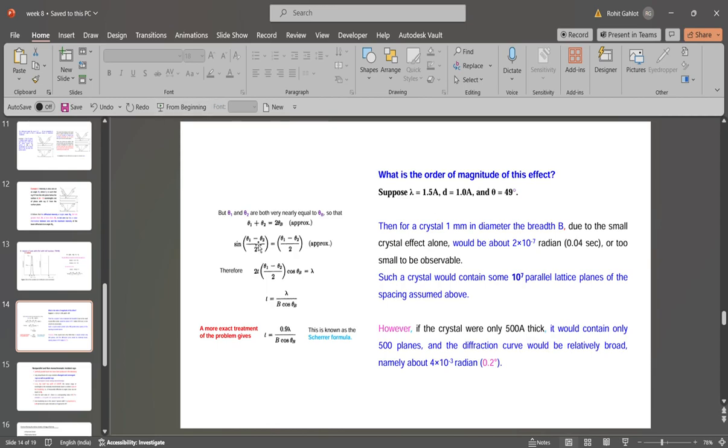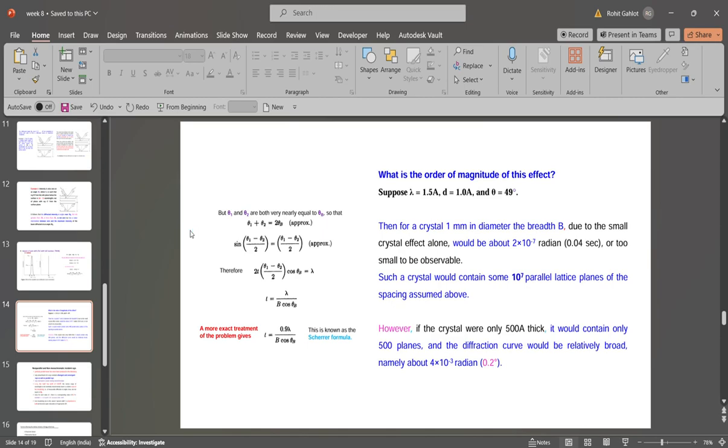And then solving this we will get theta 1 plus theta 2 will be 2 theta B. And then for lower angles it can be taken as (theta 1 minus theta 2) by 2.